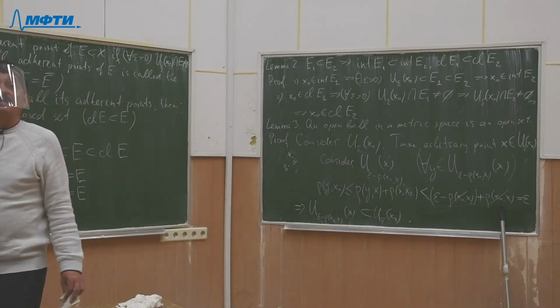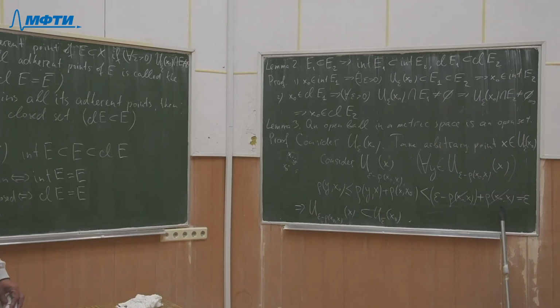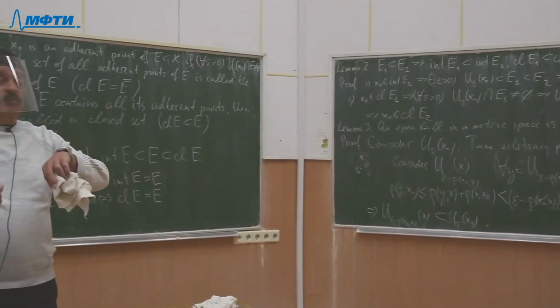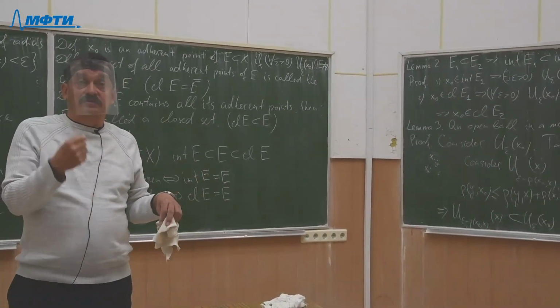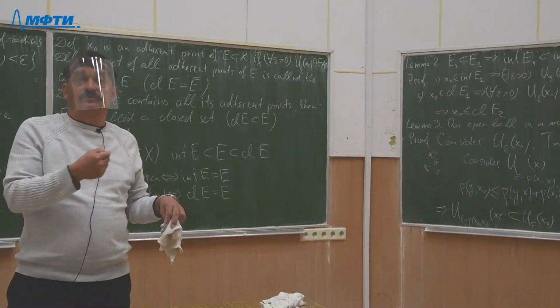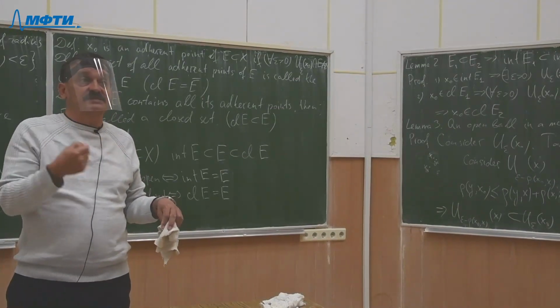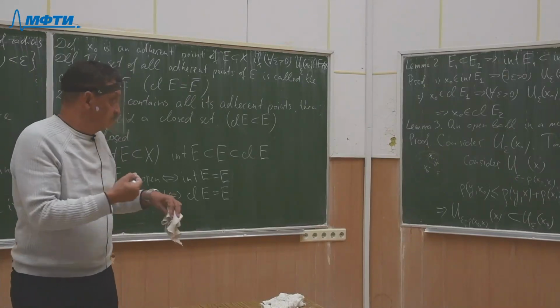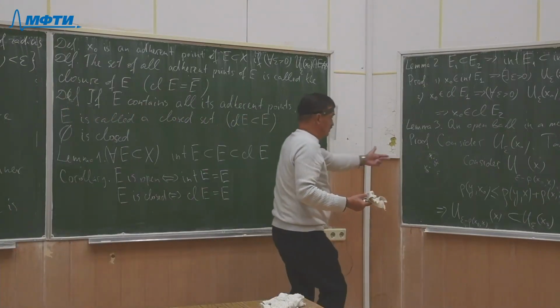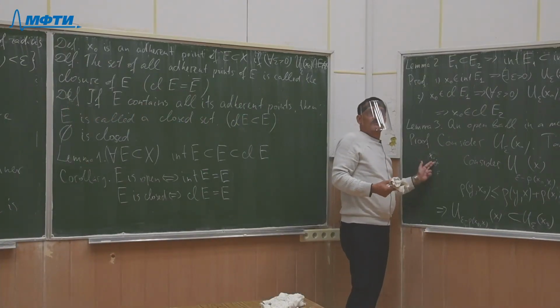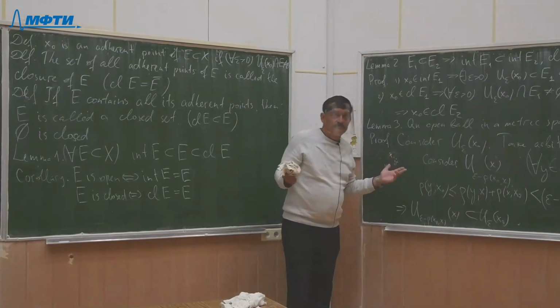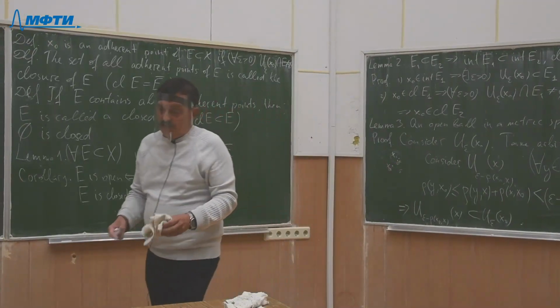So we took an arbitrary point of our open ball, and indeed that point belongs to this ball together with its neighborhood. Yeah? Take an arbitrary point, it belongs together with the neighborhood. That's it. So we have proved.